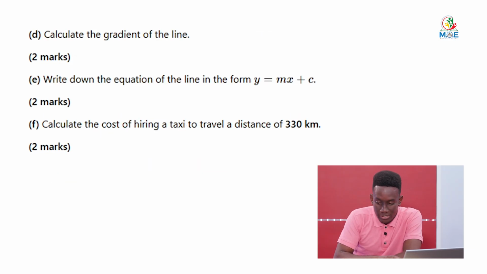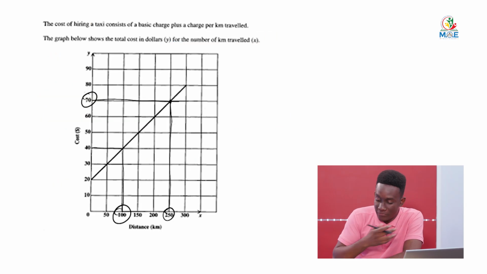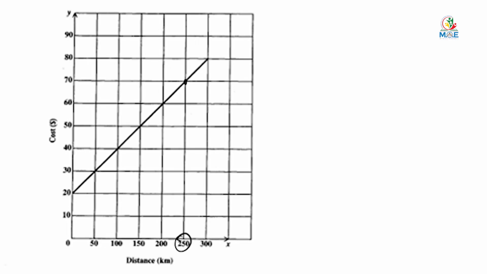Calculate the gradient of the line. To calculate the gradient of this line, let me erase these here, we simply need two points, just like we normally do. I'll choose two nice points. I'll choose this point here, with coordinates 100 across and 40 up, and this one here, with coordinates 250 across and 70 up.